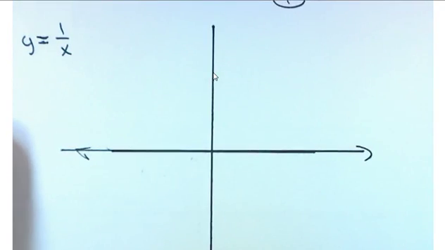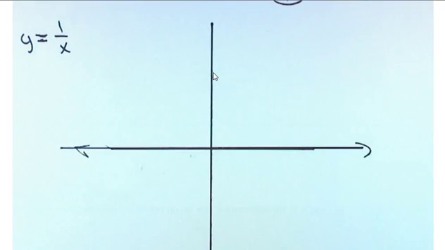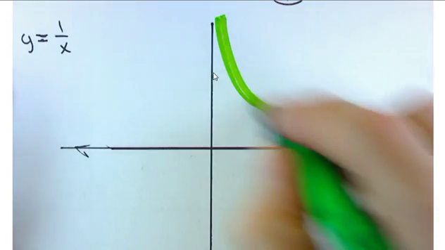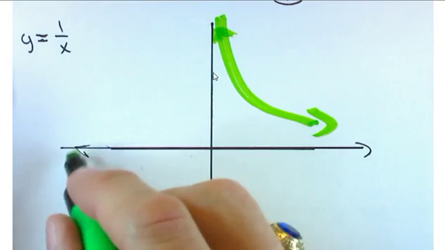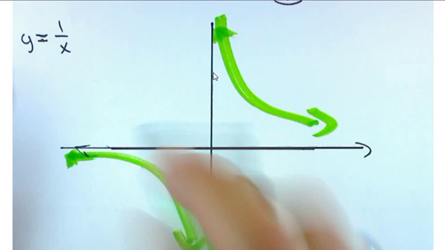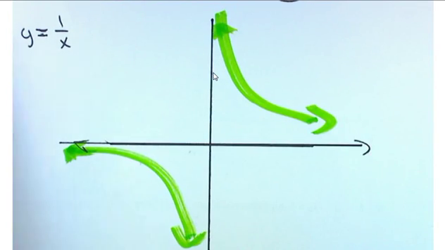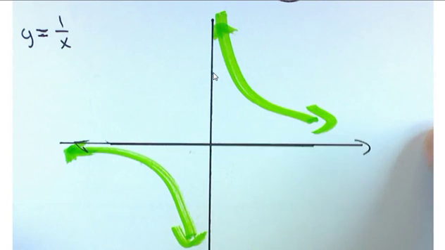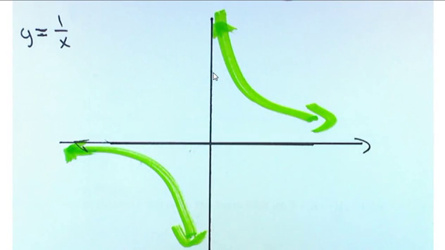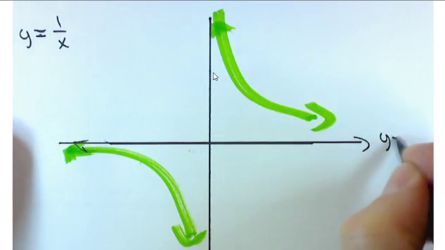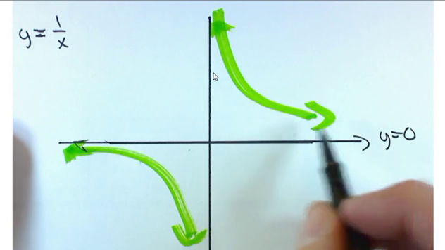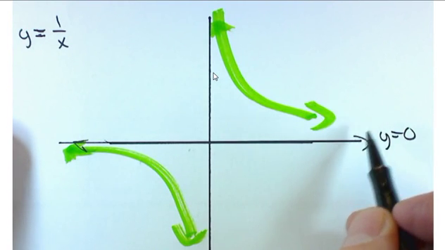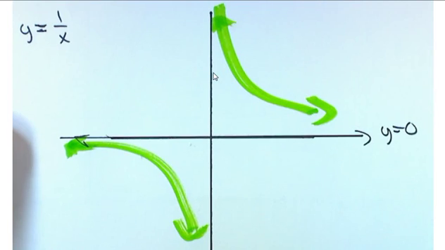If you put those two observations together, the graph of your function is going to look like this. As you move out the x-axis, this graph gets closer and closer to the line y equals 0, basically the x-axis, because as you divide 1 by increasingly larger numbers, the quotient gets small.